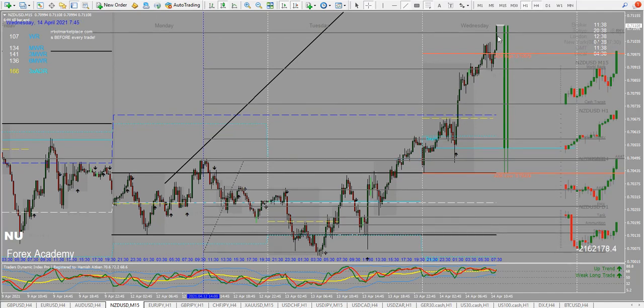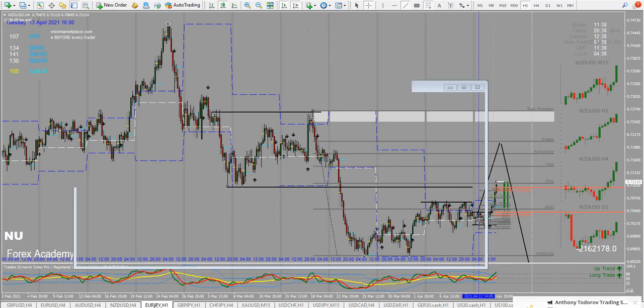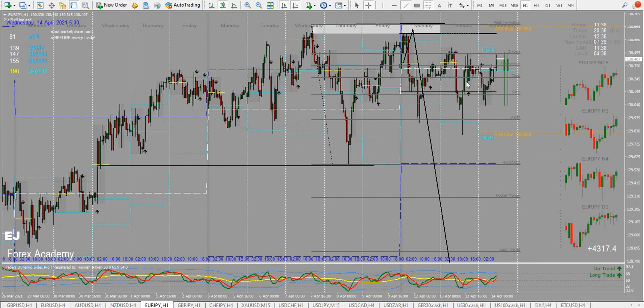As you see, they are starting to rally up to take out the liquidity that I have identified on this pair, and then I'll be looking for them to take out these two equal highs, and once they do that, I'll be looking for a short, a bearish move.